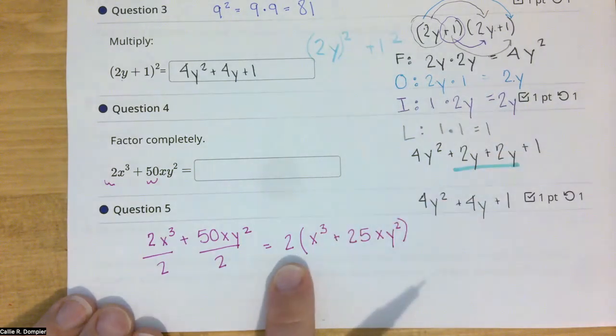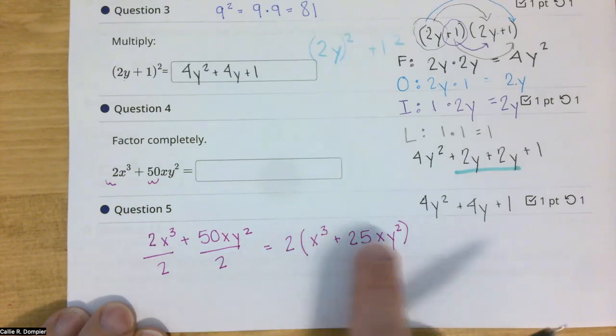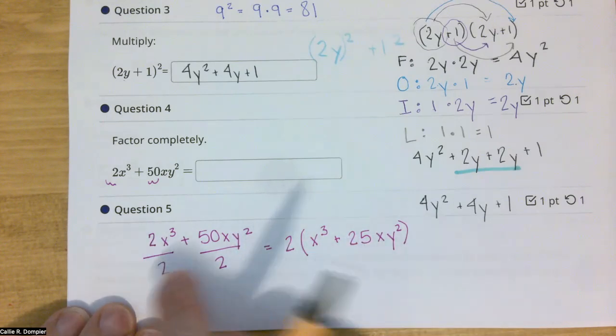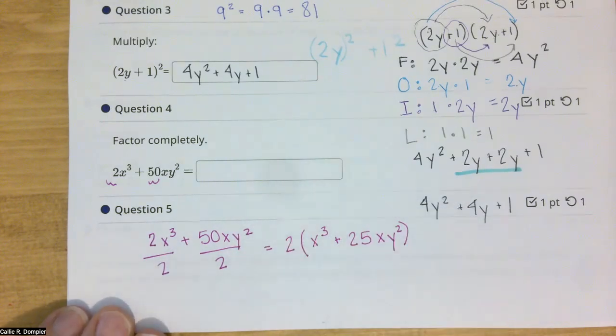So we factored out a 2 because we can divide 50 by 2 evenly to get 25, and we can divide 2 by 2 evenly to get 1. Good.